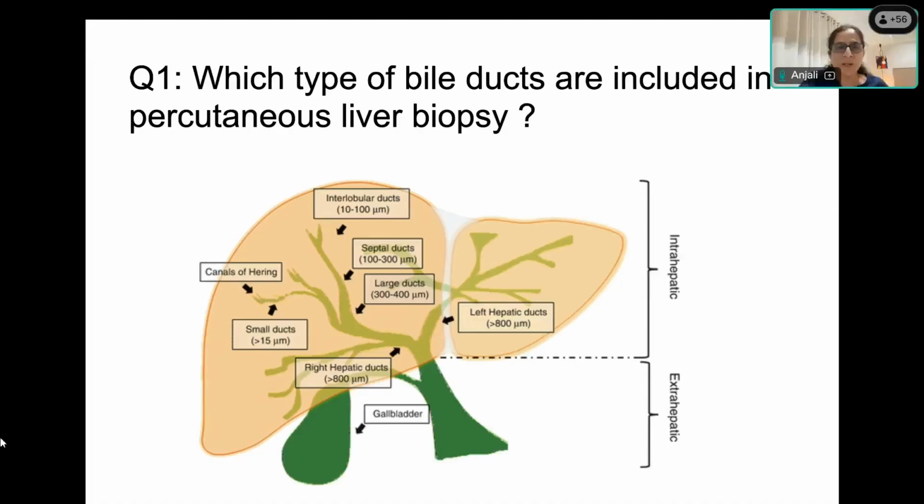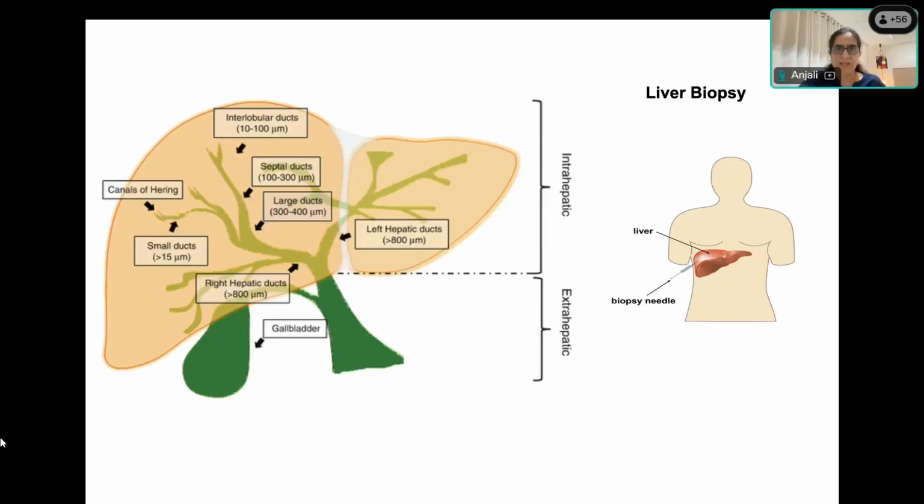Priyanka, what is your idea? Small ducts and the ductules would be included in the percutaneous liver biopsy and not the larger ducts. Yes, you are right. Can you see the right figure here? Yes, ma'am. So in percutaneous liver biopsy, usually you do not see larger ducts.